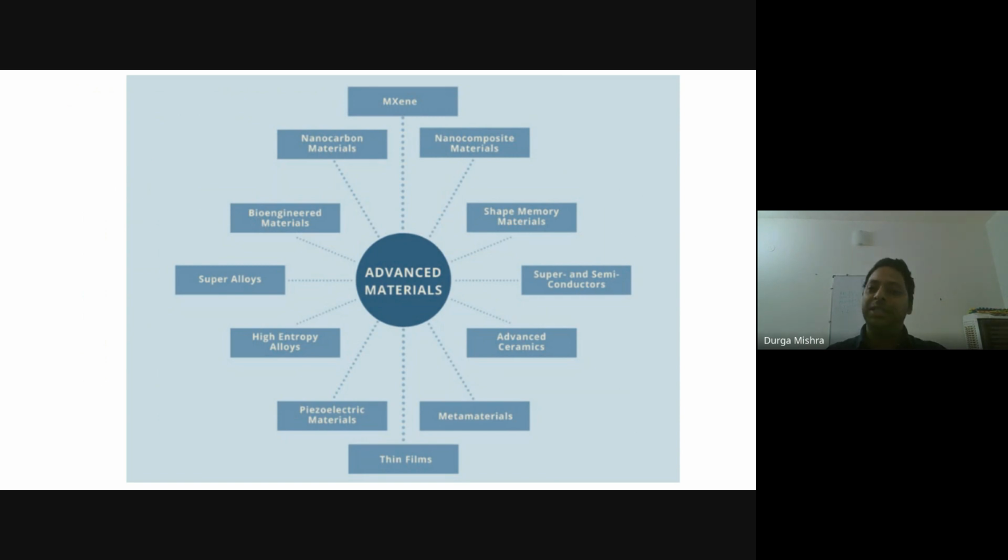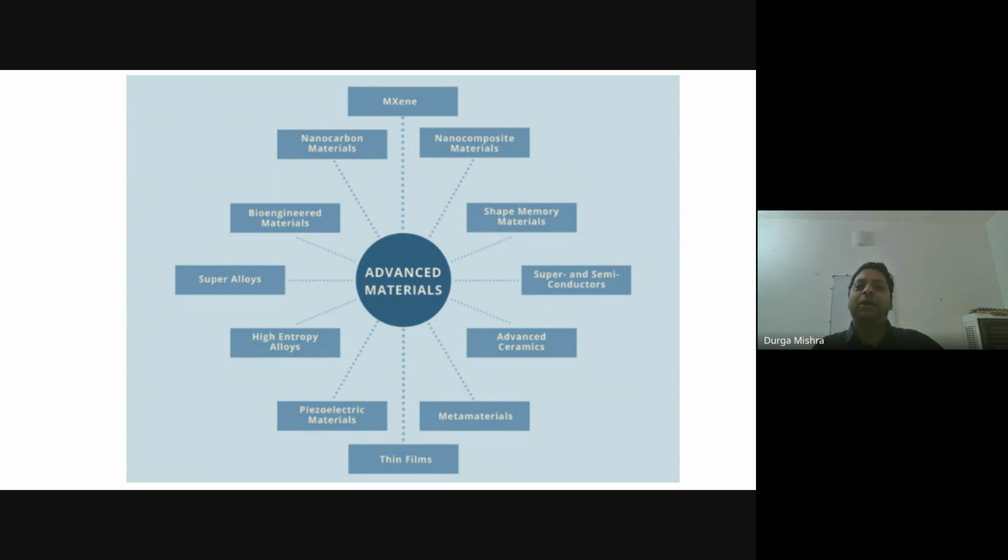Nowadays there are plenty of these advanced materials, quite huge. Particularly the materials you can make in the form of nanostructures or nanomaterials, which can be ceramic, metallic, a semiconductor, or a polymer. In nanostructure form, this will most likely be called an advanced material.